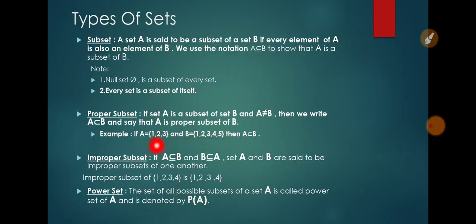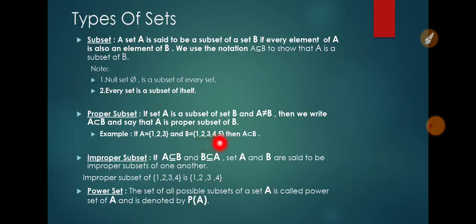All the elements of set A are present in set B. But set A is not equal to set B. How? All the elements of set A are present in set B, but in set B there are some extra elements rather than 1, 2, 3.